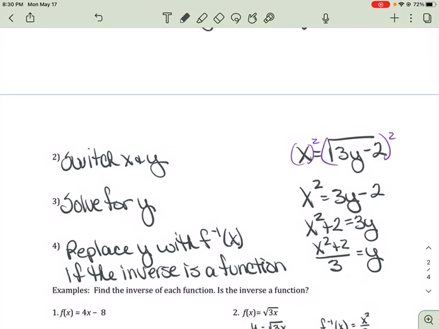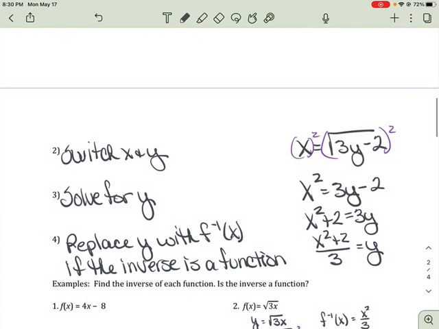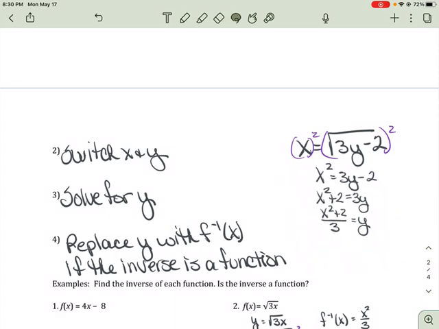We would probably want to graph it in our calculator. Do I have my calculator? I do not have my calculator available to you. I am so sorry. So basically we would put x squared plus 2 all over 3 in my calculator and say, is it a function or not? Does it pass the vertical line test? And we discussed that the other day.